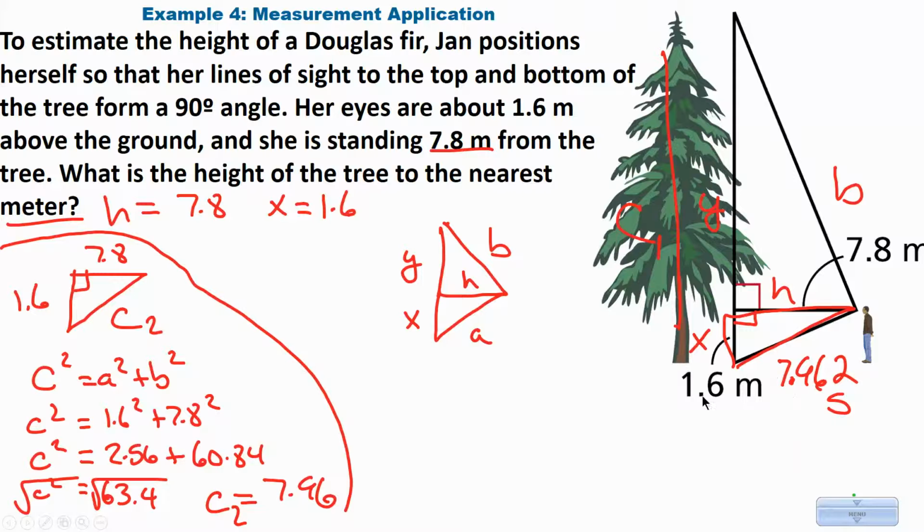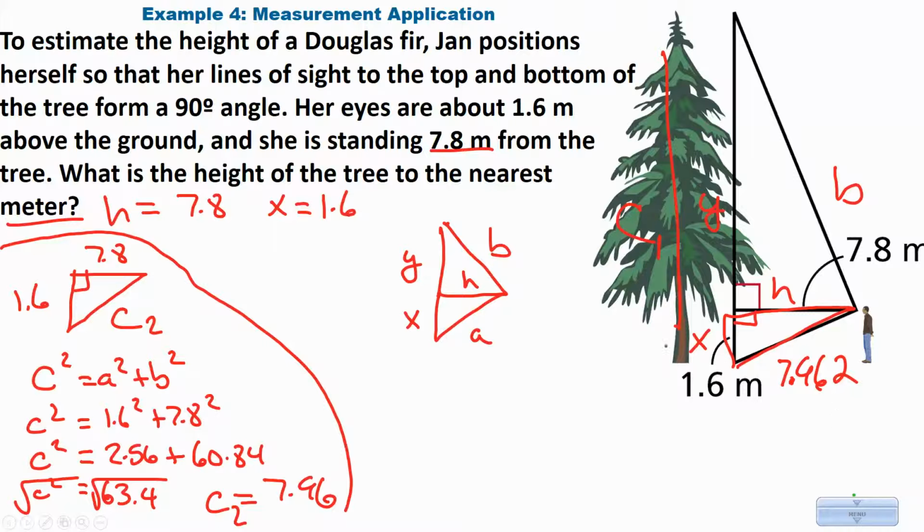right? Or it's not the small side on the red triangle. That's the large side. This is the hypotenuse side, right?